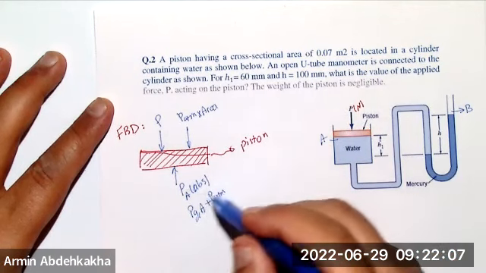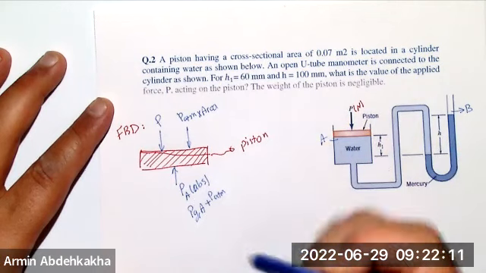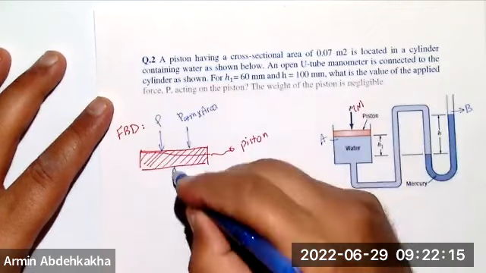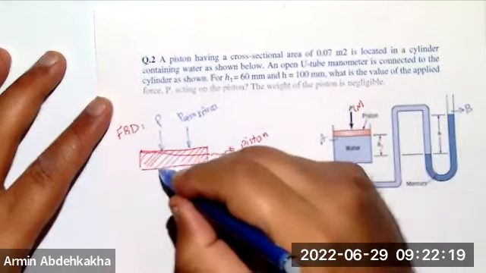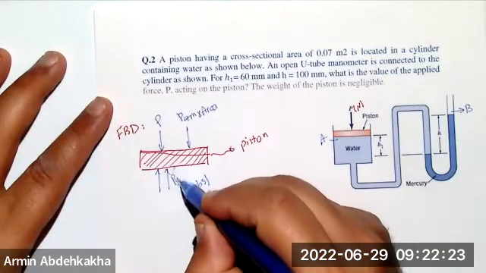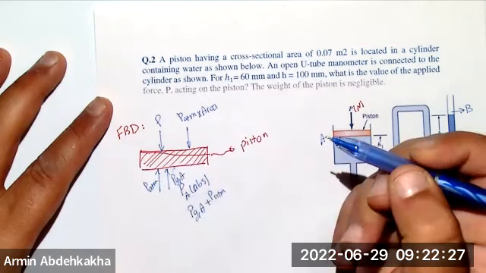So if I separate these two forces, you have two forces here: one from the P gauge at point A and one from atmospheric pressure, right?